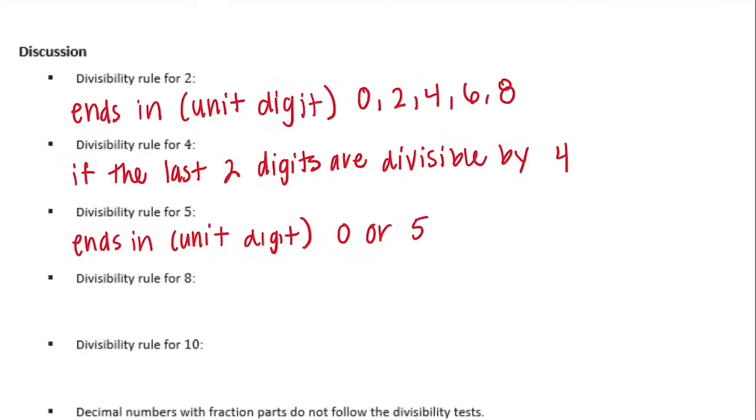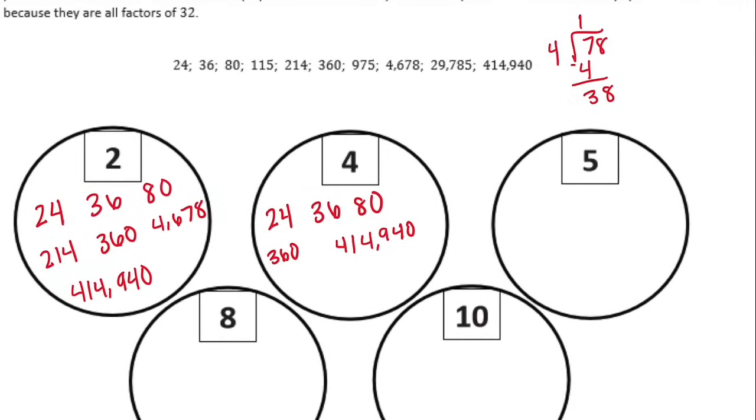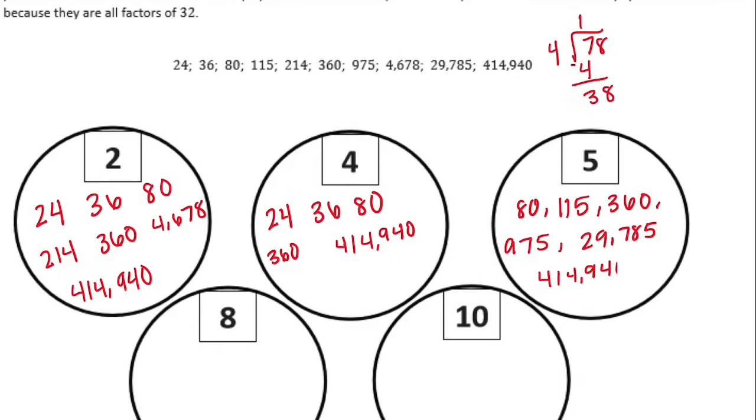If it's not 0 or 5, then it does not belong there. So we're just looking for anything that ends in a 0 or 5. So that would be 80, 115, 360, 975, 29,785 and 414,940.